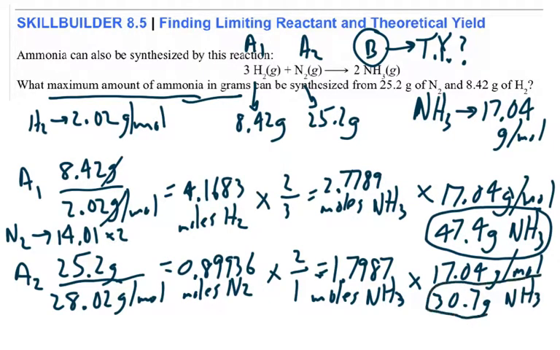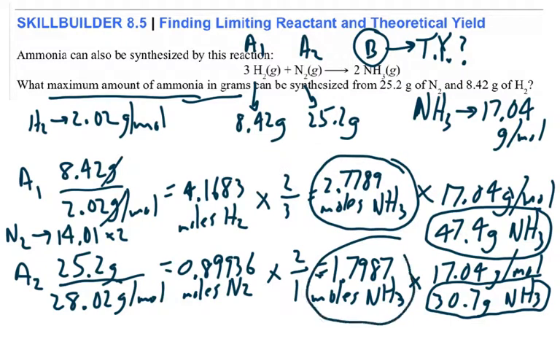Put a little box around this. And you could already tell when you get to moles that the lower one is this one. But since we had to do mass to mass because they want the theoretical yield in grams, I completed it and got 47.4 with the first reactant and 30.7 with the second reactant. Again, you compare; the higher one you throw out.